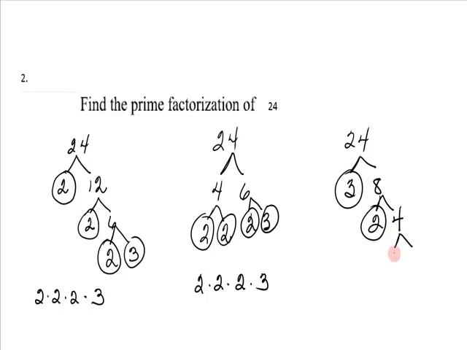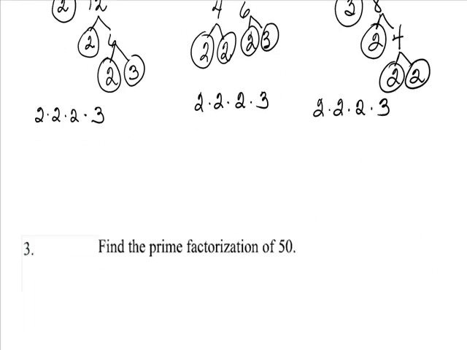And 4, which is composite, is 2 times 2. I'm going to put them from smallest to largest, and it's 2 times 2 times 2 times 3. So see, it didn't matter how I did each one of these, as long as I stopped with prime numbers. Okay, so you have some freedom.